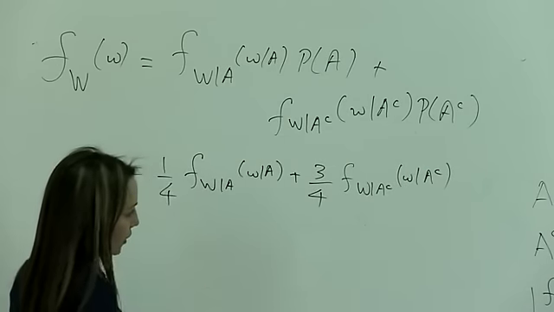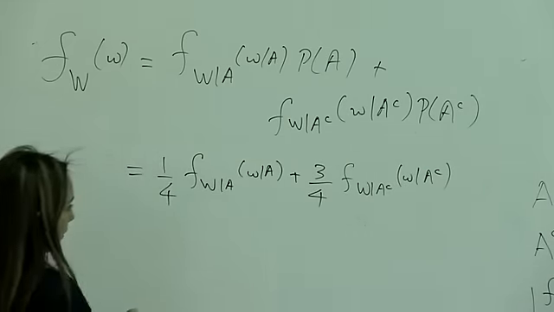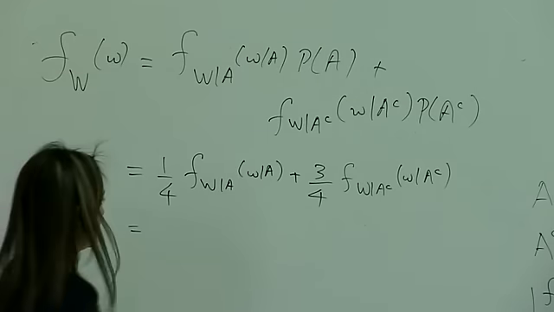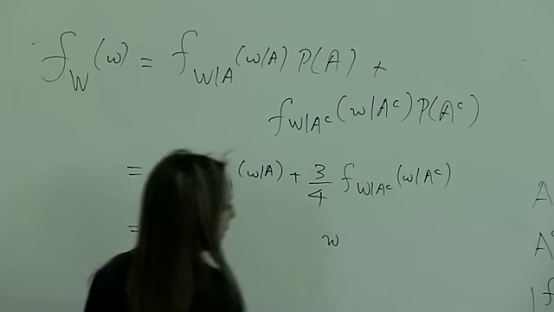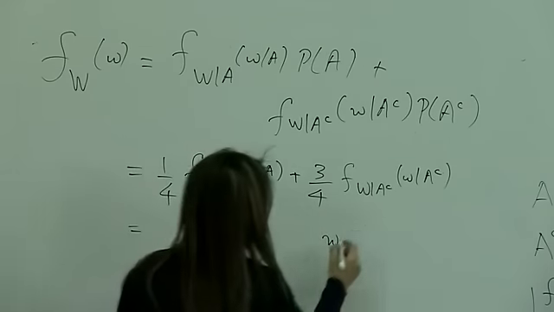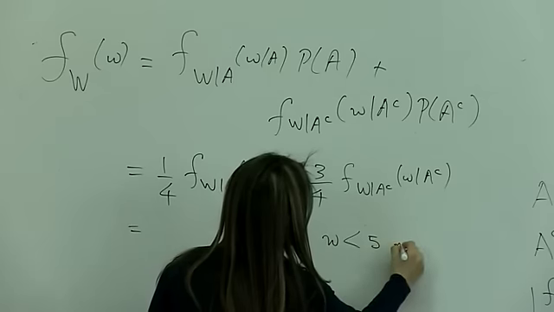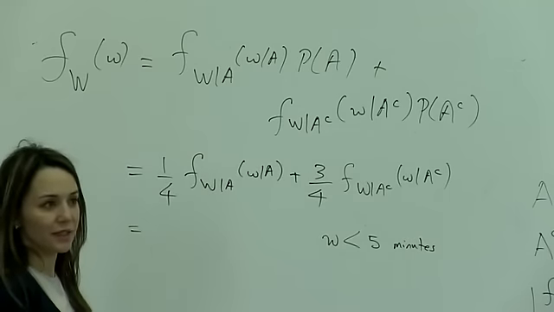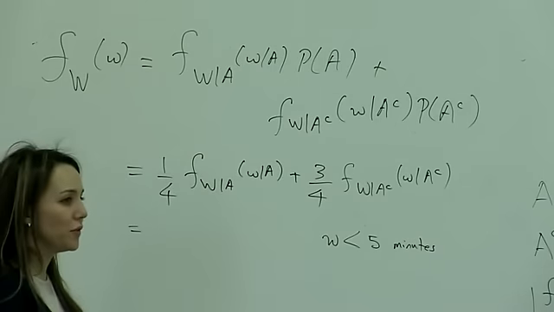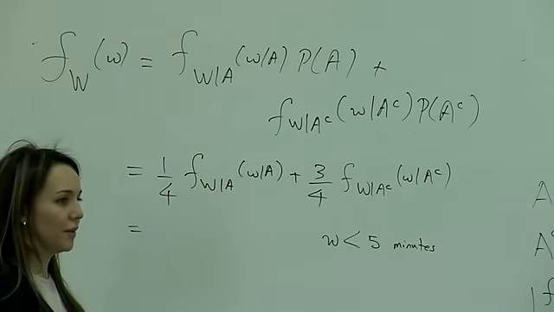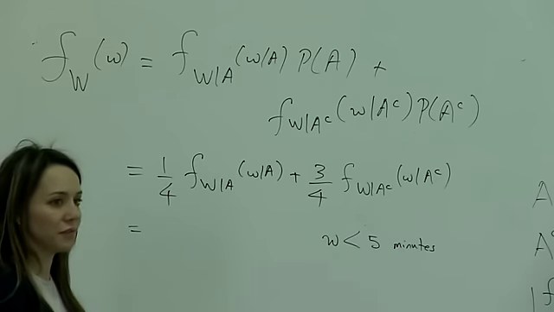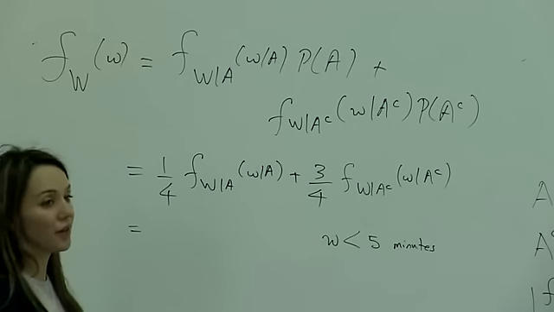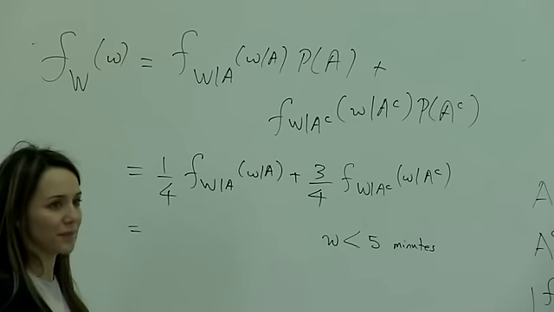And when we write that down, we'll have two regions. The waiting time that is before 5 minutes can be caused both by an arrival before 7:15 and an arrival after 7:15. Okay?